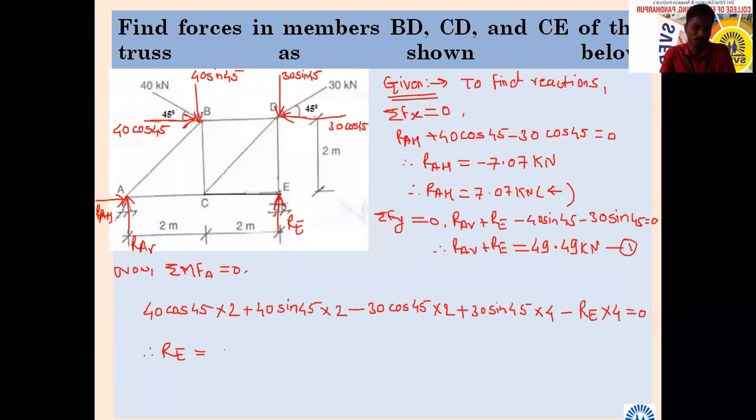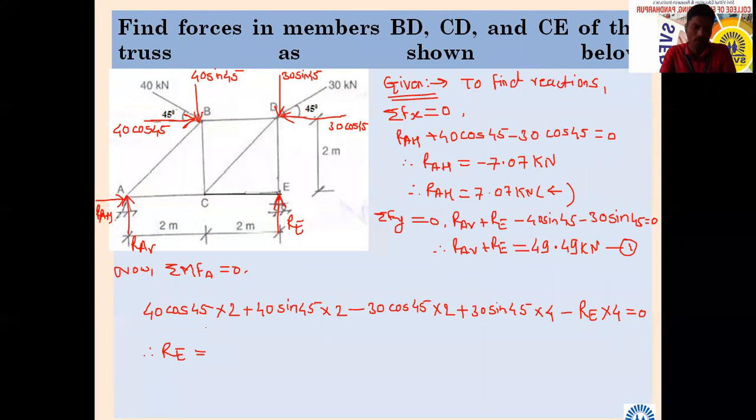How much? 91.92. My answer is coming something different. Any other? 38.89. Yes, sir. 38.89. Yes, my answer is the same, 38.89. Who told 91 something?